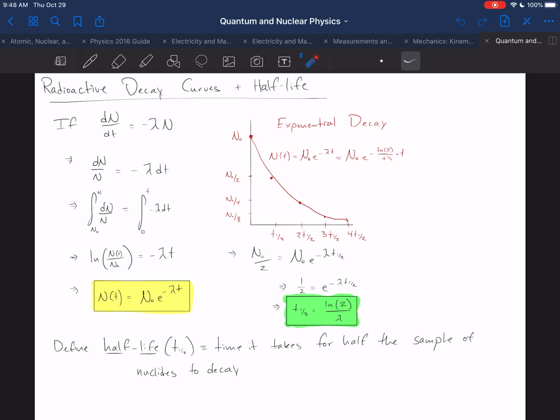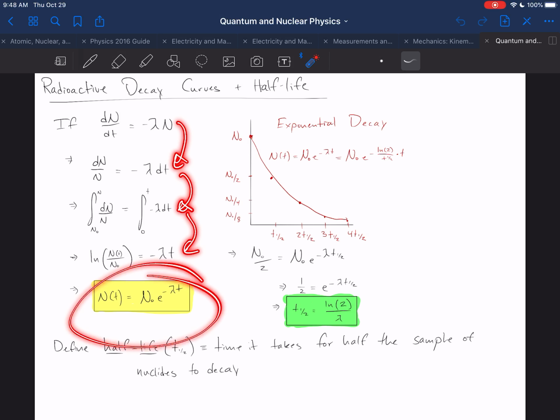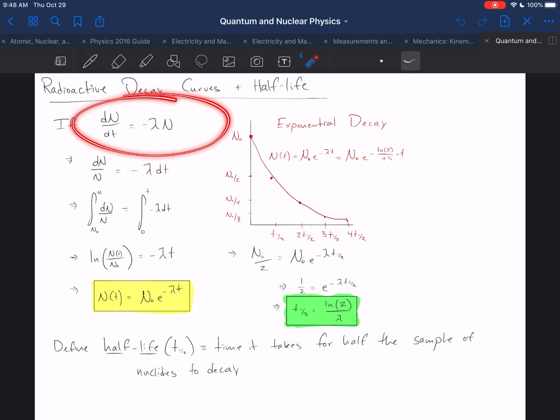I'm also going to spend just a little bit of time, for those of you with the math here, to show where this equation comes from. So dN/dt equals negative lambda N, that is the rate of decay being proportional to the number of nuclei that are left in a particular sample, is a differential equation, and can be solved using techniques that are accessible usually at the end of SL math or at the sort of midpoint of HL math.